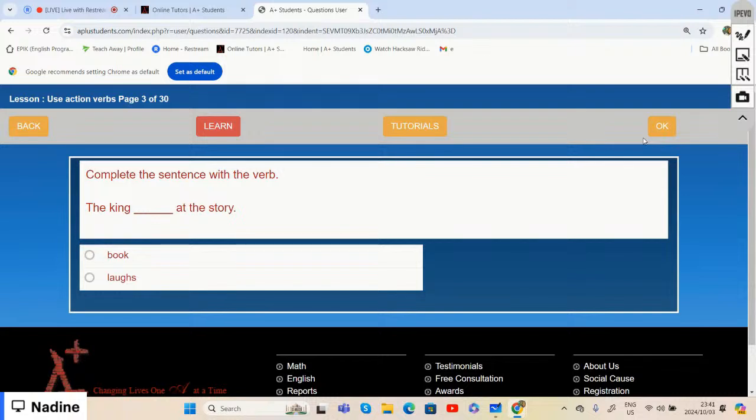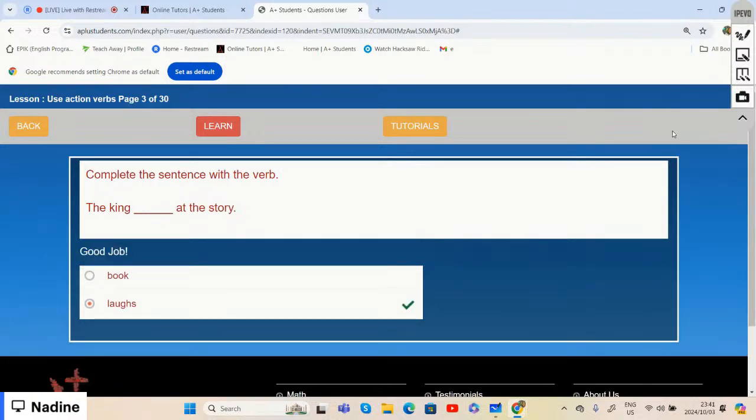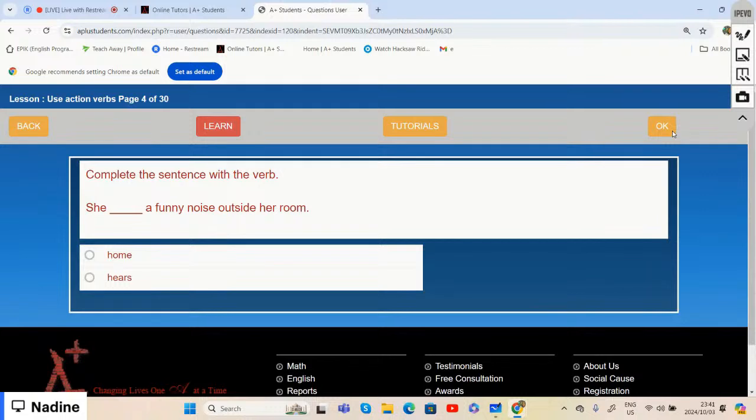So we can say the king, option 2. We can say the king laughs at the story. So well done. Laughs. That is our action verb, right?